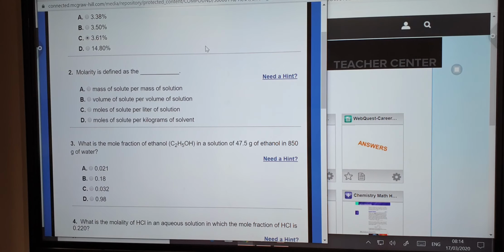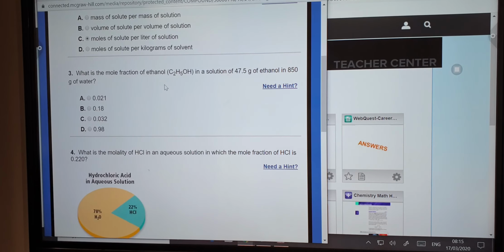Molarity is defined as what? What's meant by molarity? Yes, molarity depends on volume, so it's moles of solute per liter of solution. What is the mole fraction of C2H5OH in solution?